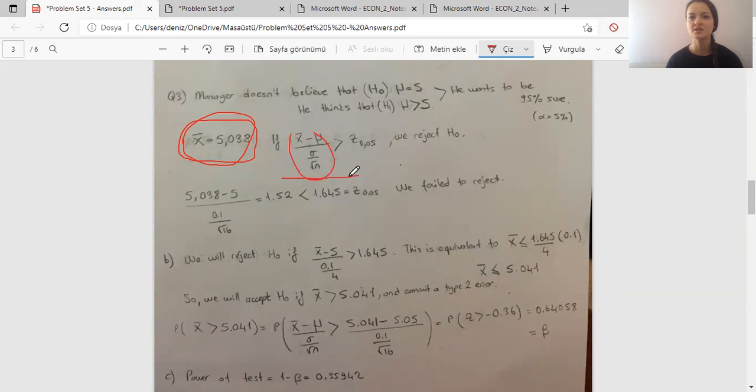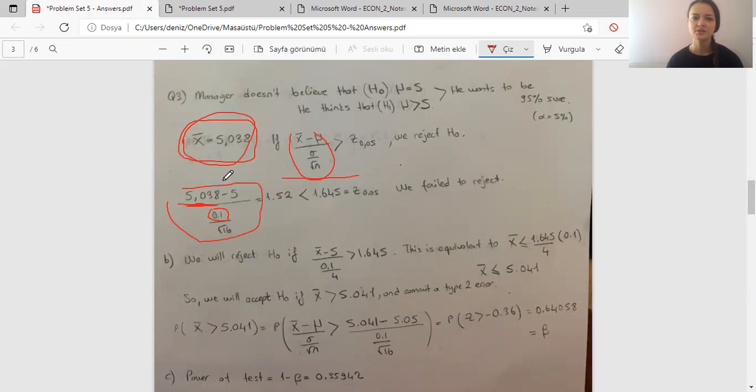This is a decision criteria in this type of questions. So we are just normalizing this with respect to H0, okay? H0 claims that the mean is still 5. So we subtract the H0 value from the sample mean and divide by the standard deviation of the sample mean, which is the population standard deviation over the square root of our sample size.